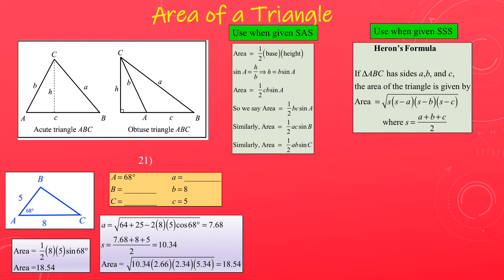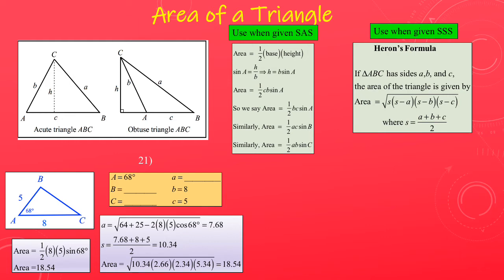We first solve for little a, which is the square root of 8 squared plus 5 squared minus 2 times 8 times 5 cosine of 68 degrees, and we get 7.68. We store that answer and take the sum of 7.68 plus 8 plus 5 divided by 2, and we get 10.34 as our value of s.